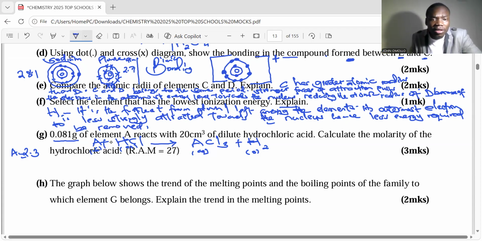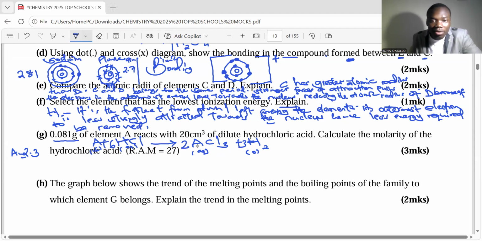So what if I put 6 here and I put 3 here? Hydrogen will be balanced. Chlorine 6. 3 times 2, 6. True, balanced. 6 chlorines. And here we have 3 molecules of chlorine. So when I put 2 here, I'm going to have 2 times 3, 6. Balanced.